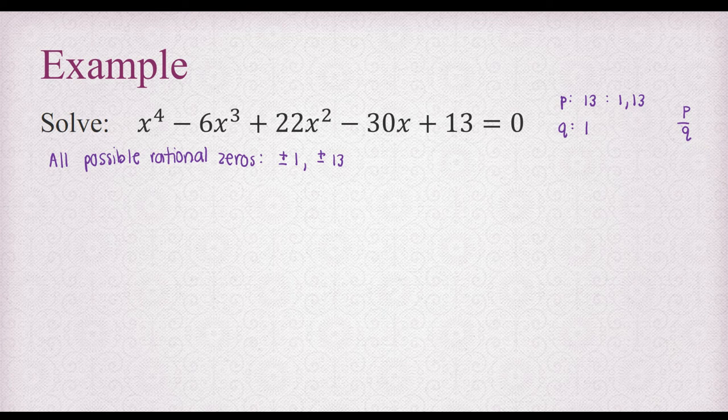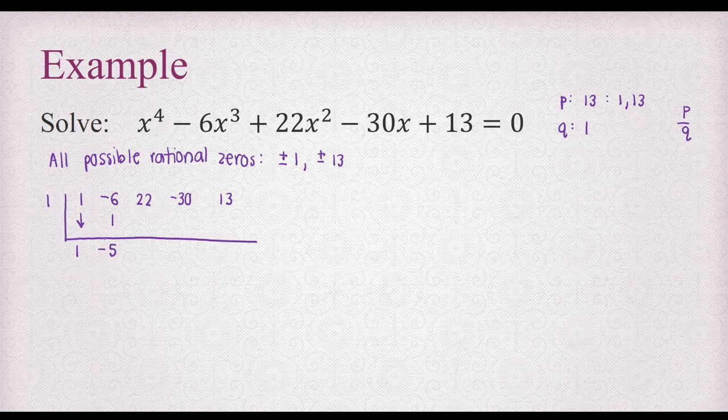All right. So I'm going to go ahead and start with the number 1. To do my synthetic division, I'm scanning to see if I have any missing terms. Doesn't look like I do, so we'll have 1, -6, 22, -30, positive 13. I'll drop the 1. 1 times 1 is 1.